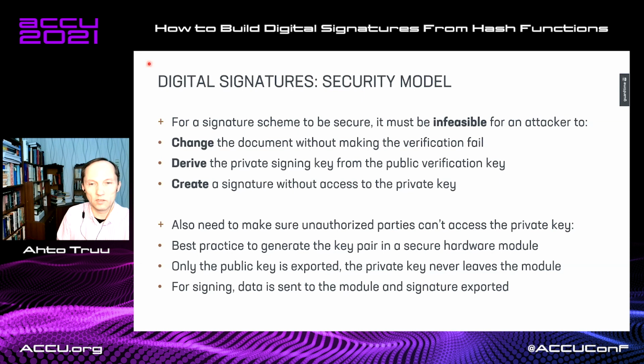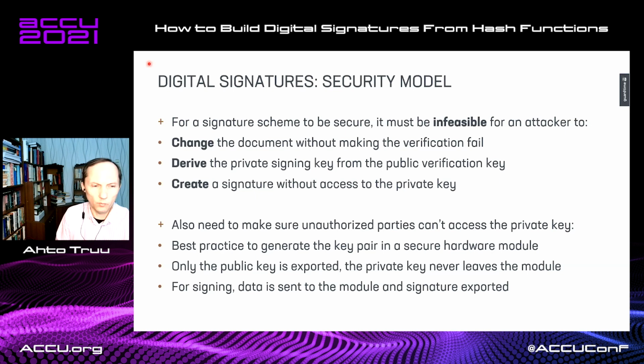And it also must be impossible to create a signature without access to the private key. So these three are the main requirements that a signature system must satisfy in order to be secure.